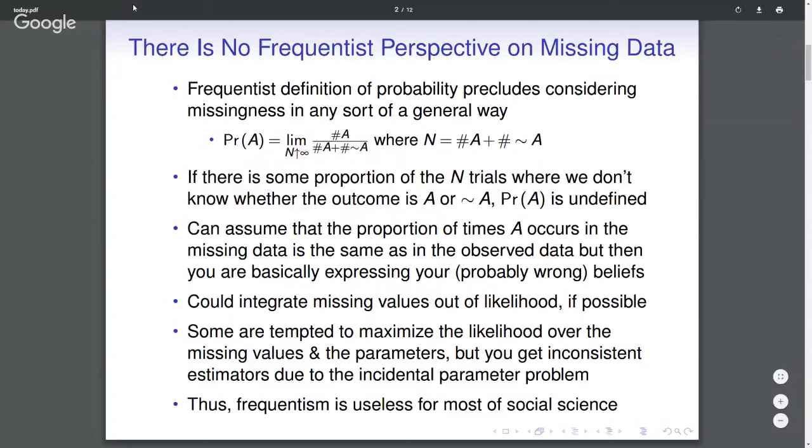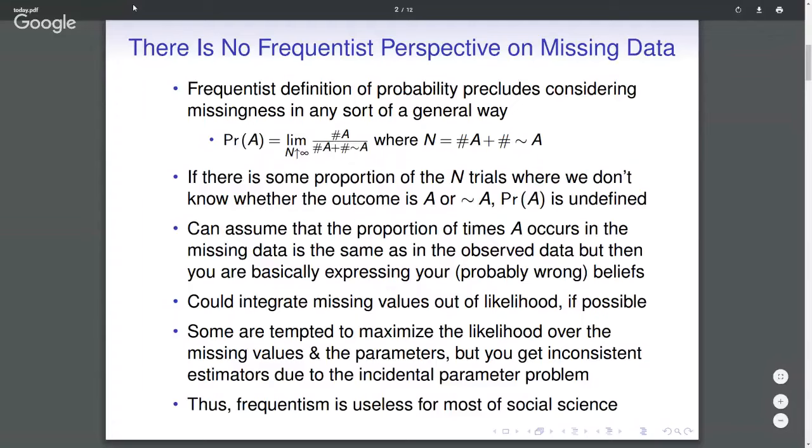You don't know what the true value is, and you could try to write the likelihood function integrating out those unknown values, and come up with a likelihood function that only involves the observed data that you see. That's about the only thing you can do from a frequentist perspective that's rigorous, but you almost always are not going to be able to get that integral in an analytical form. So you're going to be reduced to doing some sort of numerical approximation to the integral.